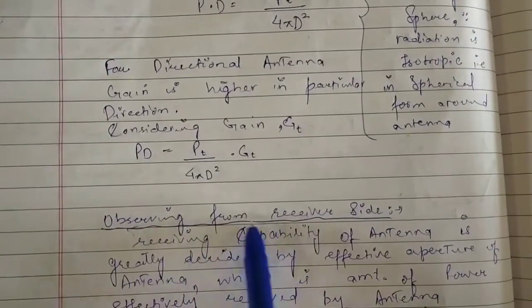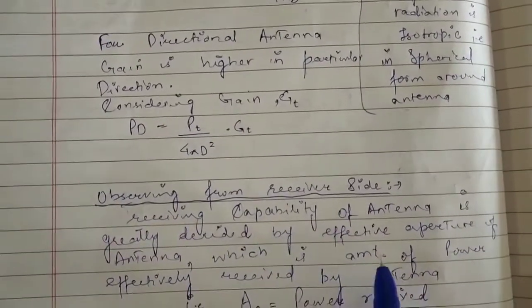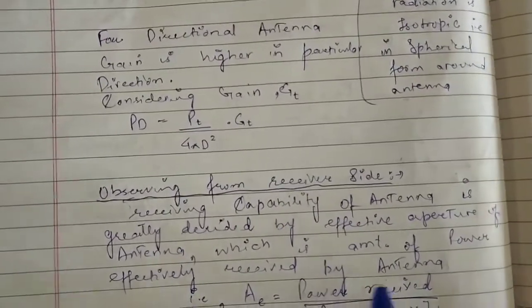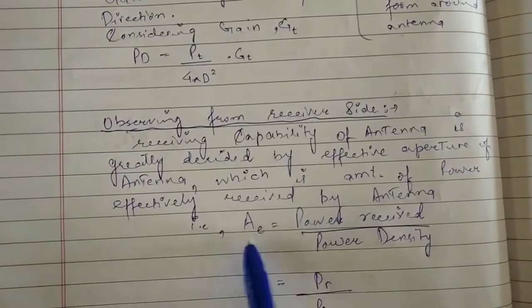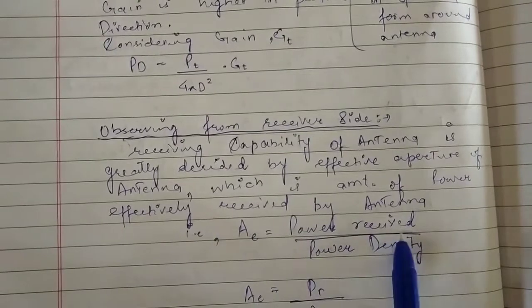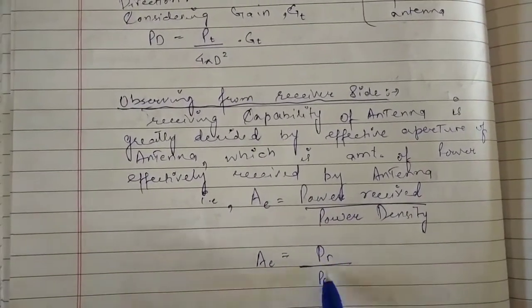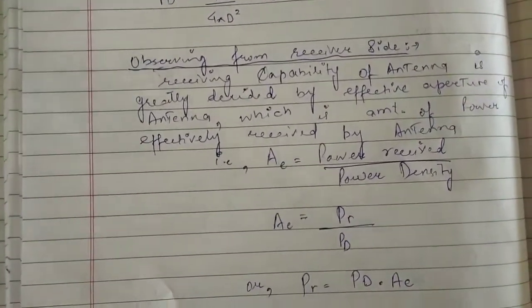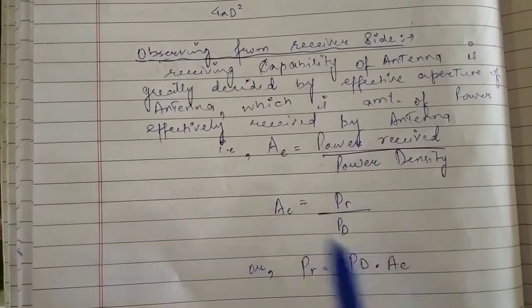Now, observing from the receiver side, the receiving capability of an antenna is greatly decided by the effective aperture of the antenna, which is the amount of power effectively received by the antenna. That is, the effective aperture AE is given by the power received by the antenna divided by power density, PR by PD. Or we can write PR, power received, is equal to PD into AE.